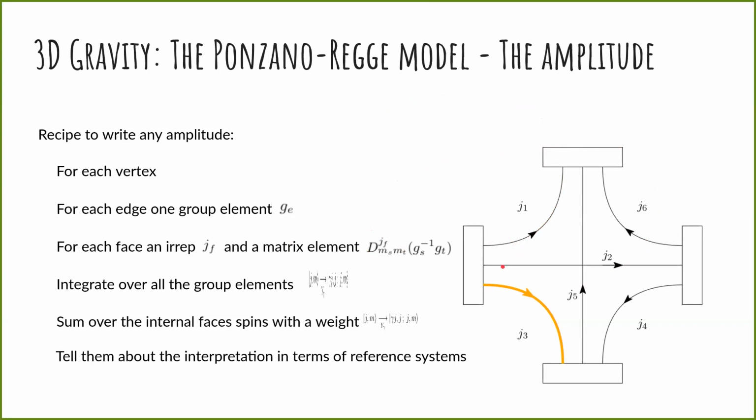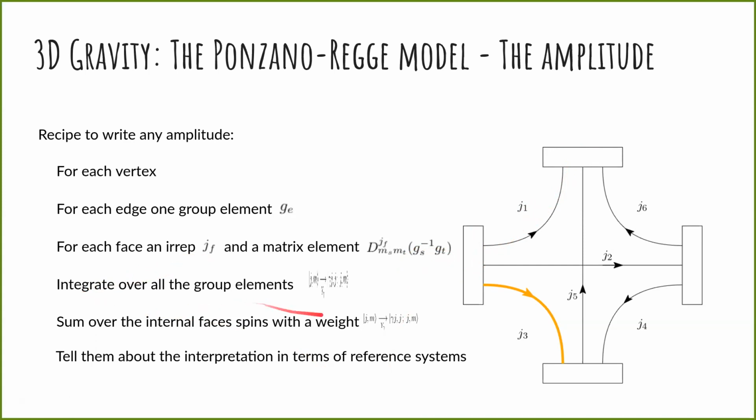I remember there was a question asking what's the interpretation of this orientation? Is it important? Not really, as long as you are consistent with your own choices. It's just saying that these group elements are representing holonomies, and the holonomies go from a point to another point. So these holonomies are telling you how to go from the reference frame of this triangle, so this edge, to the reference frame of this other edge in this direction. If you want to go back, just take the inverse.